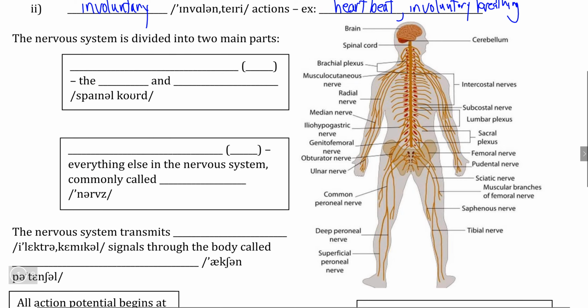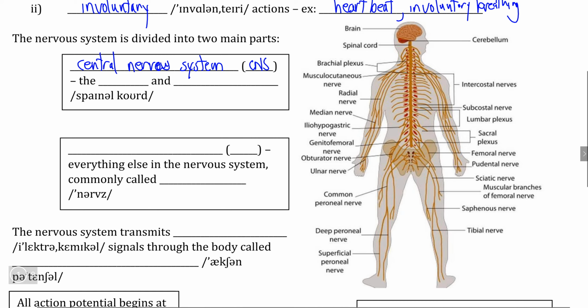Now, if we take a look at the general structure of the nervous system, on the surface, it's actually relatively easy to understand the different parts, as there are only really two subdivisions of the nervous system, the more important of which, in terms of the regulation of the nervous system, is what we call the central nervous system, or simply the CNS for short.